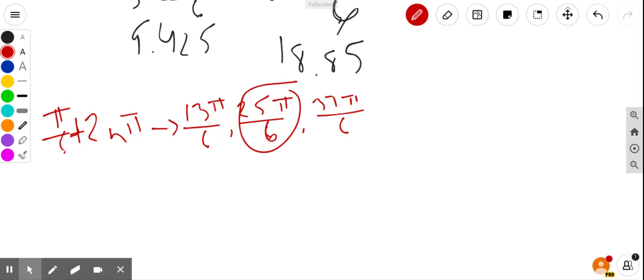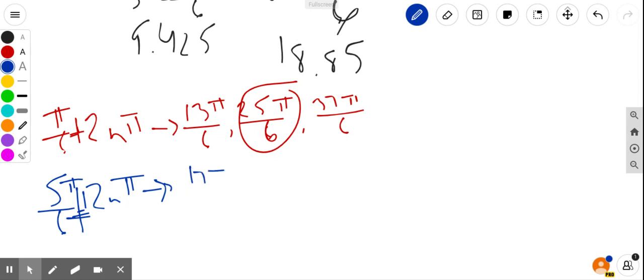If I change that to the 5 pi over 6 plus 2n pi, stupid Chromebook, I hate you, right? We get 17 pi over 6.